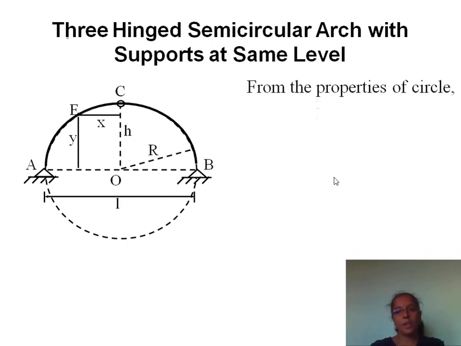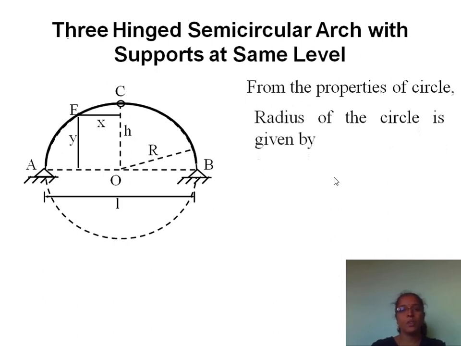So from the properties of circle, from the figure it is clear that the rise of the arch is equal to the radius as well as half of the span, that is L by 2. So the diameter is equal to the span, therefore the radius is equal to half of the span, L by 2.